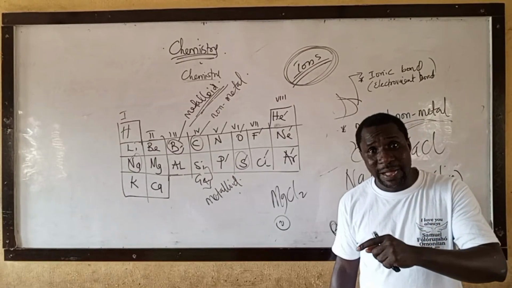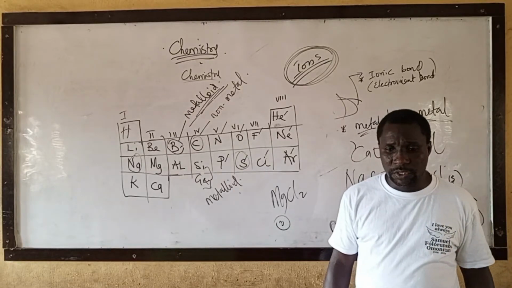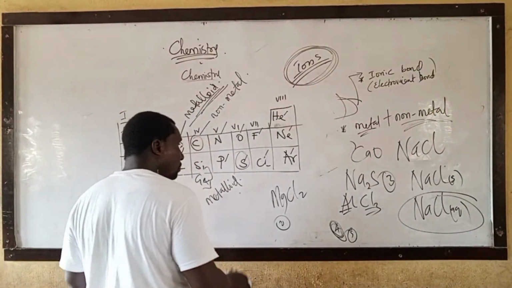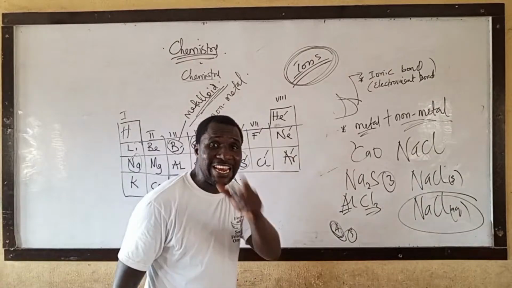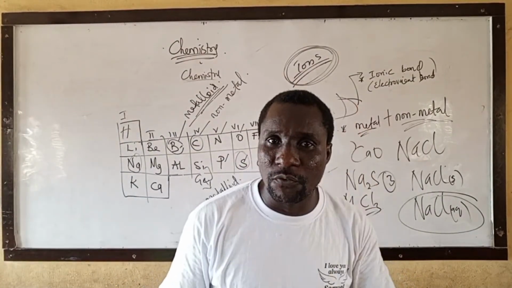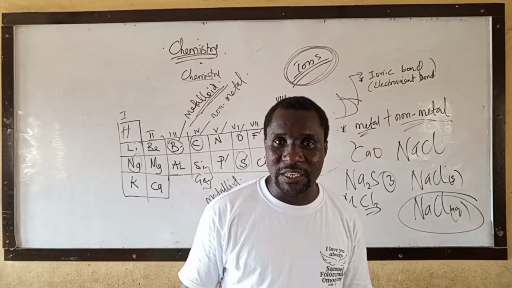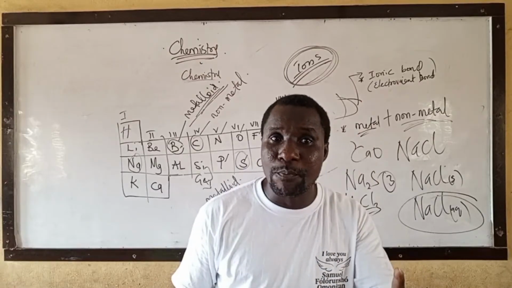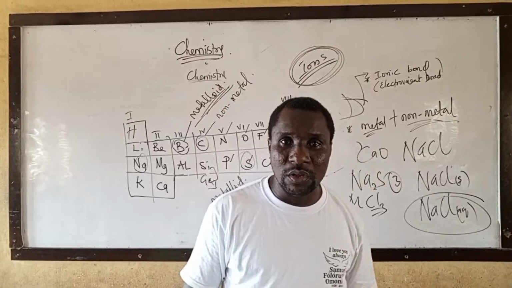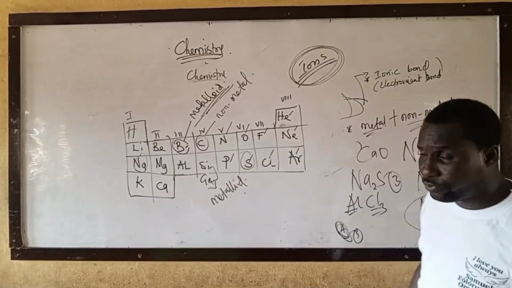Why they can be extracted by electrolysis is due to their high melting and boiling point. It's only electrolysis that can supply the high amount of electricity needed for them to be extracted. That's why they can be extracted by the electrolysis process.